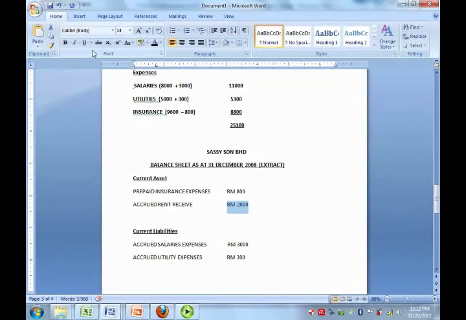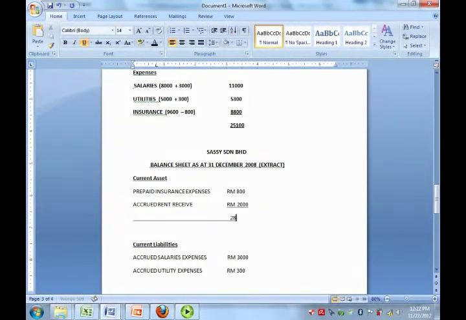So class, if you want to total the total current asset, no problem. If you don't want to calculate the total, also you are allowed to do that because no marks given in the total. So if you want to total class, can I know your total current asset for extract only? Yes, 2,800. If you don't want to put RM, no problem.